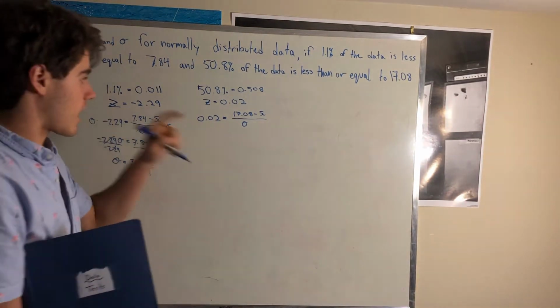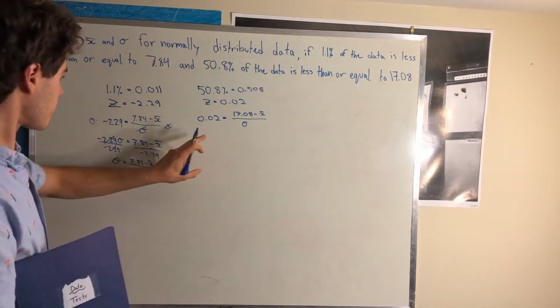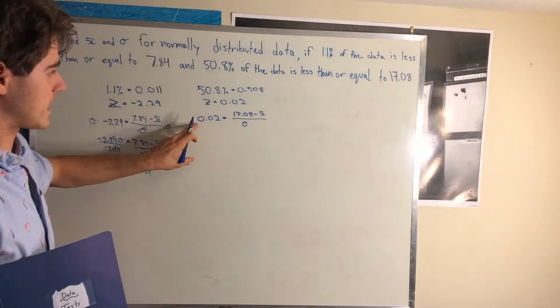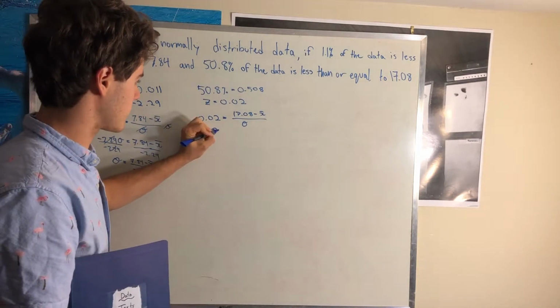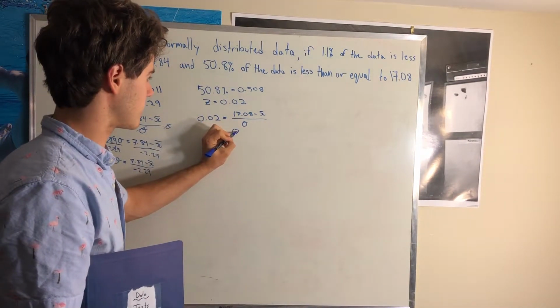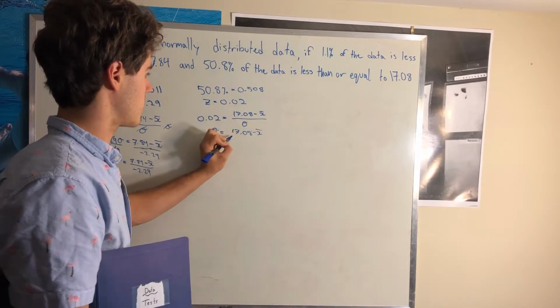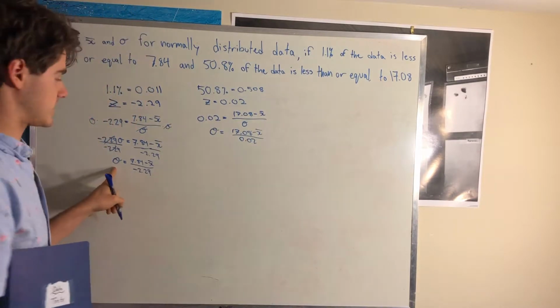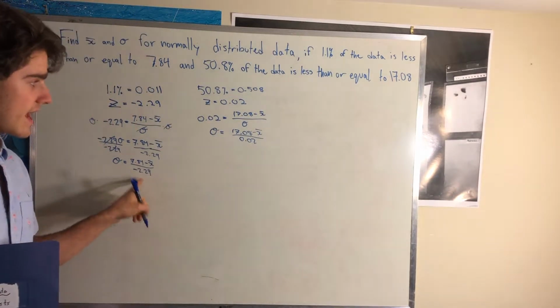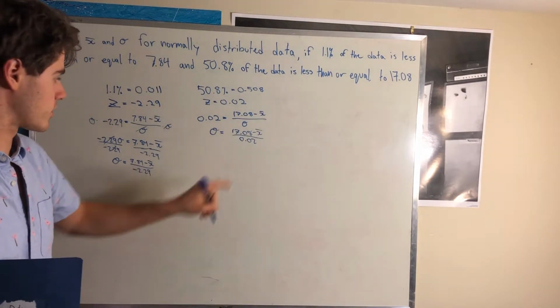Now, I will also isolate for this variable on the same side. I could do a quicker method: multiply both sides by sigma and then divide both sides by 0.02, and I'll get sigma equals 17.08 minus x bar over 0.02. Now, if standard deviation equals this and standard deviation equals this, well, that means this equals this, okay?